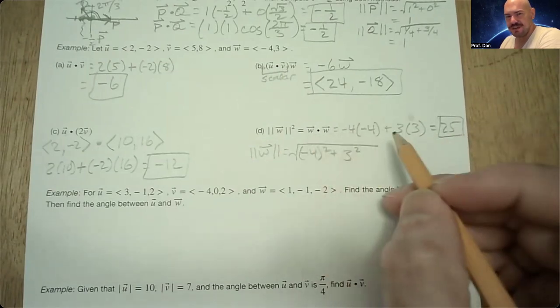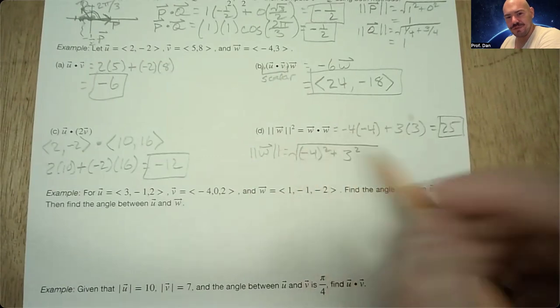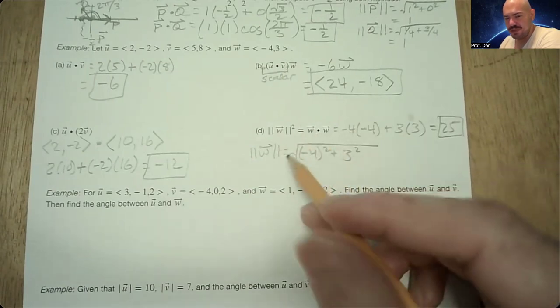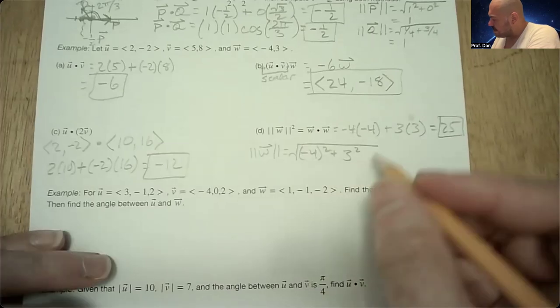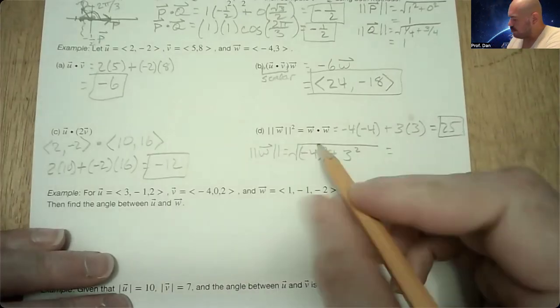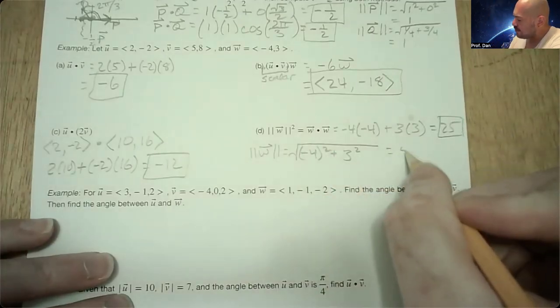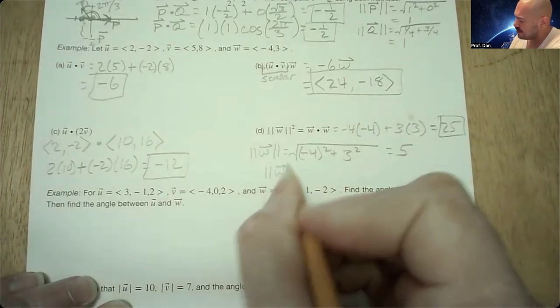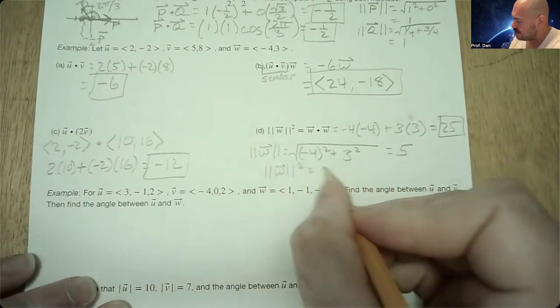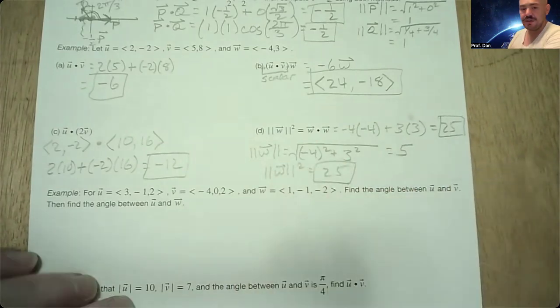So this dot product is basically the magnitude without the square root, hence why it would be squared. So we end up with the magnitude being the square root of 25, which is also known as 5. And squaring the magnitude would give me 25. So we arrive at the same answer.